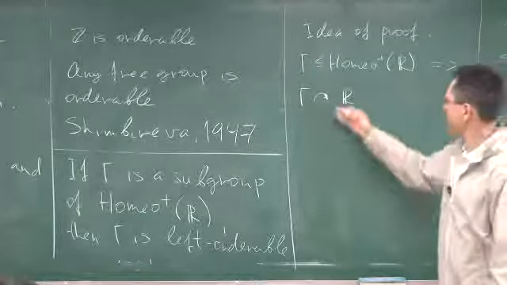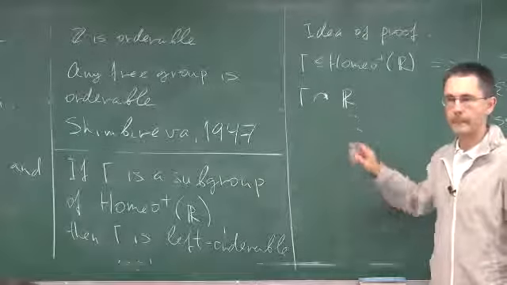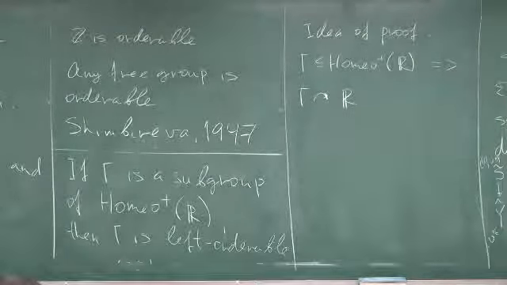But it's not always the case, right? It might happen that there is no point which has trivial stabilizer in gamma. So we would need to slightly modify this idea.